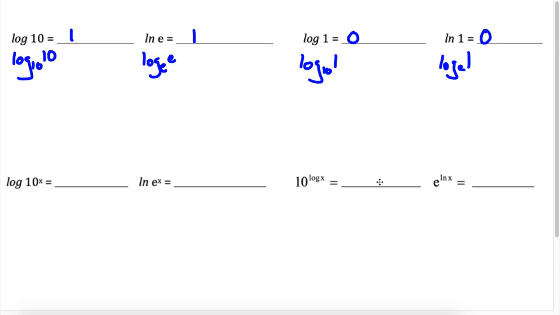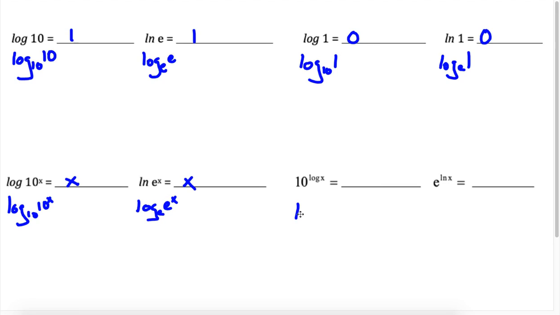And then here, these are those other two properties that we just looked at, right? If I have the same base, okay, and the same value here, log base 10 of 10 to the x is just going to equal whatever the exponent is. Same thing here. This is log base e of e to the x. So that's just going to equal x.